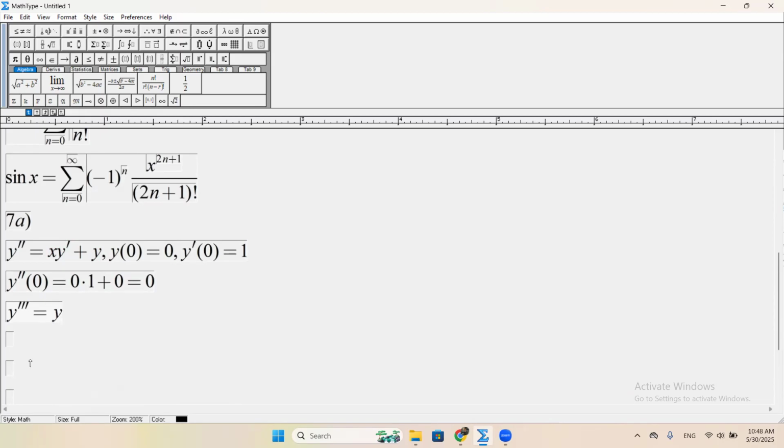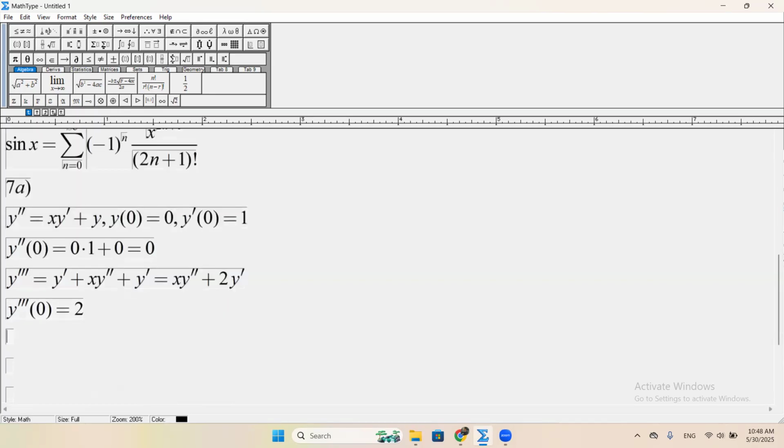So y prime plus x y double prime plus y prime. Let's simplify it: x y double prime plus 2y prime. And calculating the third derivative at point 0: x y double prime equals 0 and 2y prime equals 2. So we found the third derivative.